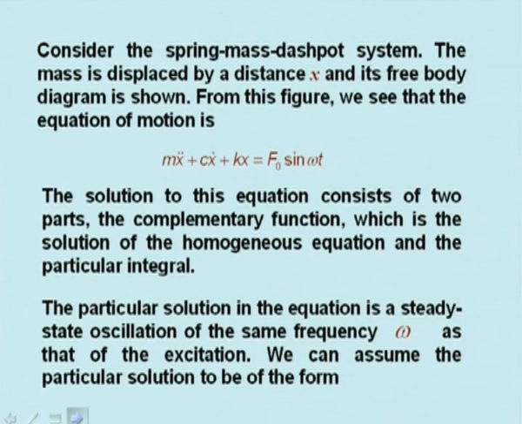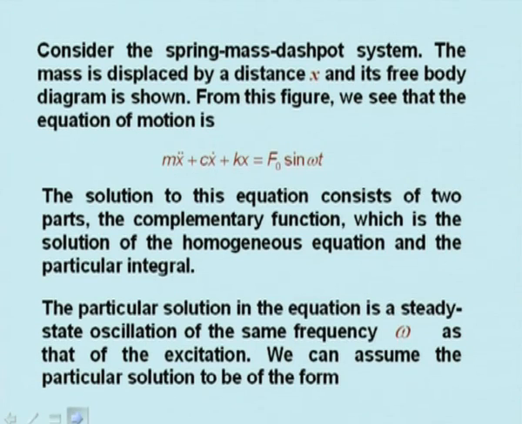This equation is called homogeneous because if x equal to a is a solution, then x equal to a constant times a is also a solution. So it is totally homogeneous. That is called the complementary function.